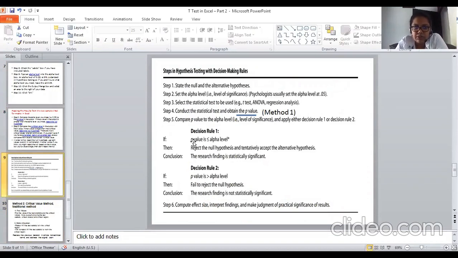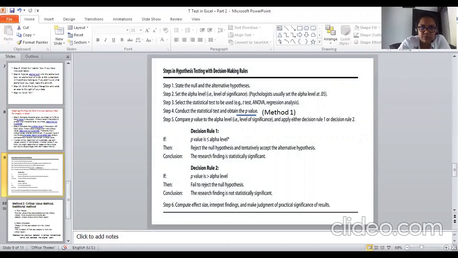If you look at the p-value to make a decision, the p-value should be less than the alpha value. What was the p-value that we got? It was 0.780.